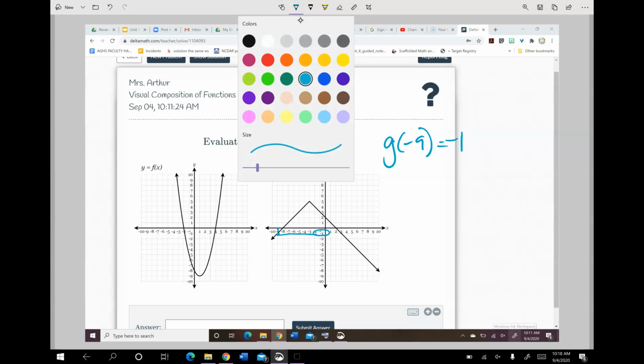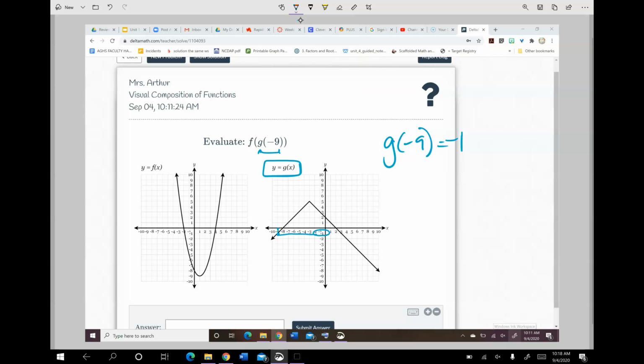So now I can replace g of negative 9 with negative 1, and I go to my f function, and when x is negative 1, where does it hit that graph at? It looks like right here at negative 5. So my answer is negative 5.